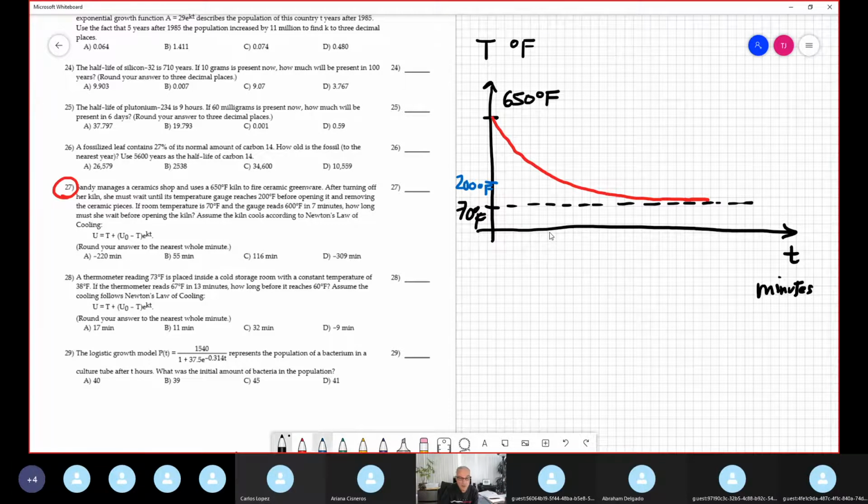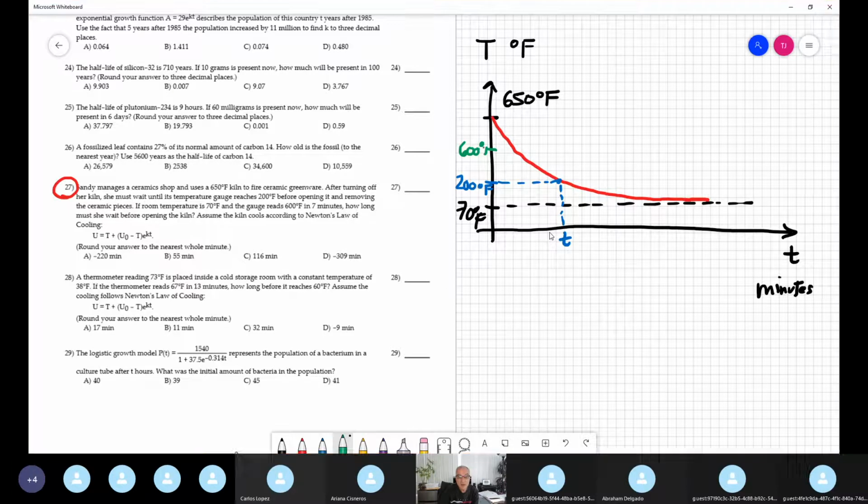This is an important moment for her because at this time she can open the kiln and remove the ceramic piece. However, one condition is given: 600 Fahrenheit is reached at 7 minutes.